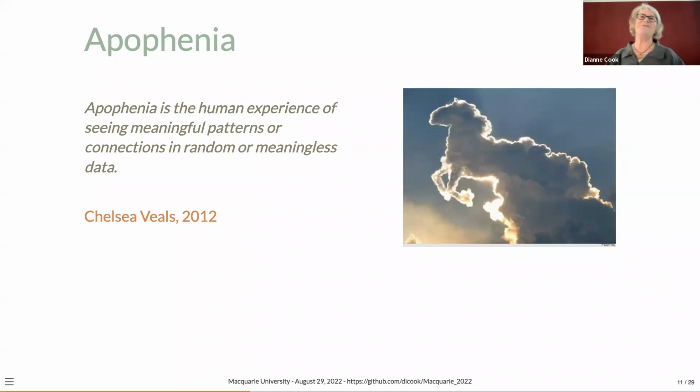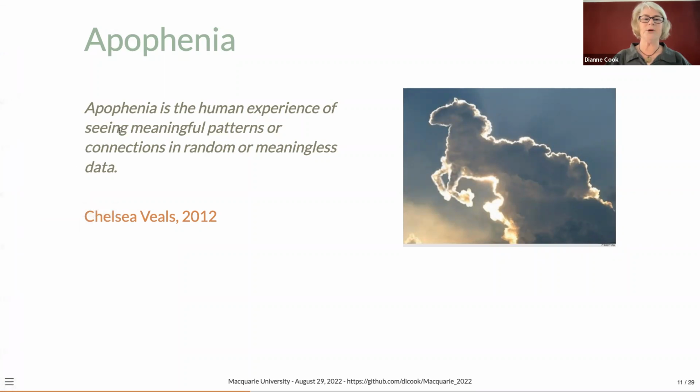So I use apophenia in the title. I thought, oh, I better define it. We all do things like this sometimes when we have fun, look at the clouds and try to point out different patterns and shapes and objects. And we do this all the time in data plots too. I'm not sure how many of you use residual plots when you're teaching basic statistics, but it's quite fun to see what students write about the patterns that they see in the residual plots.